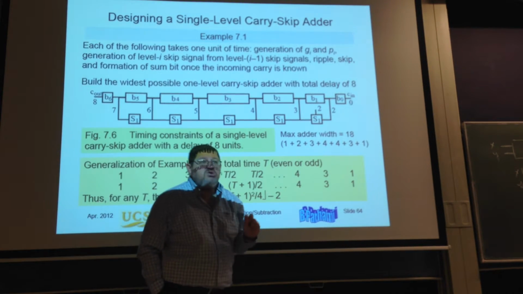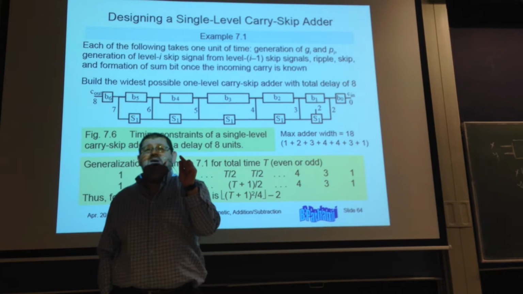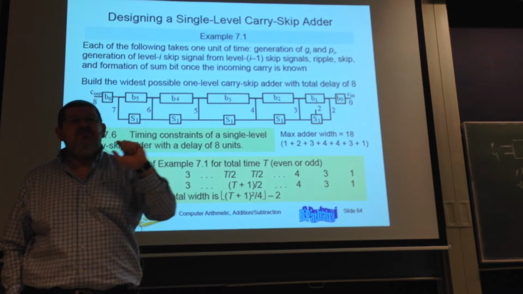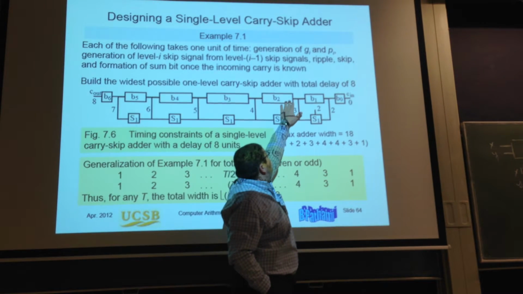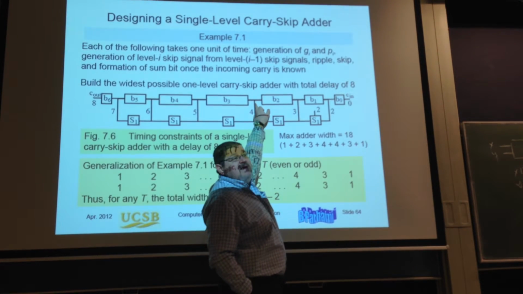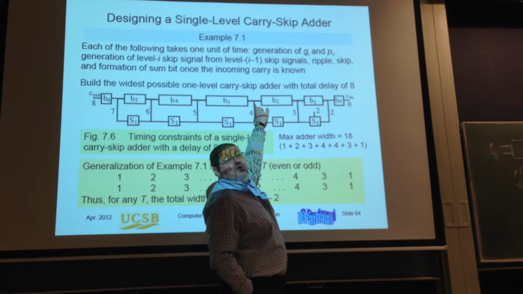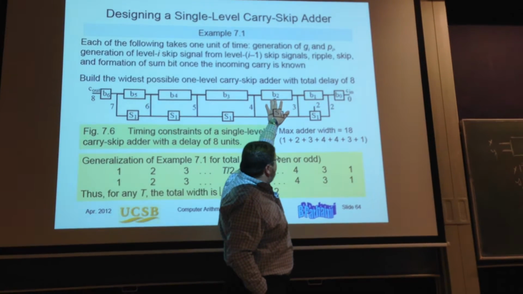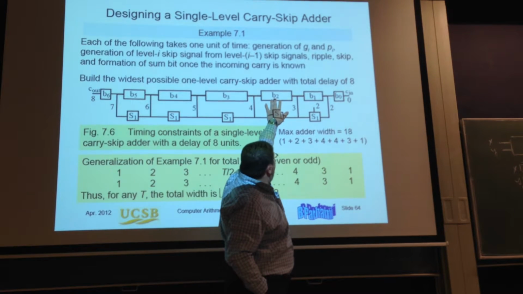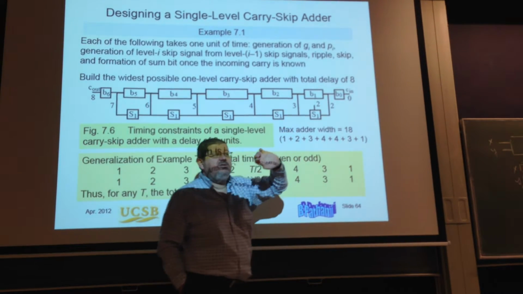Now, I have to be sure that if the carry is not skipping the block, but is generated from inside the block, that one will occur here no later than time moment 4. And this will determine the number of bits that I have for this block. I can put 4 bits here.